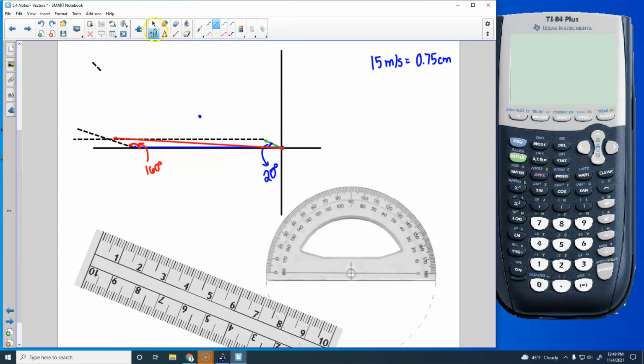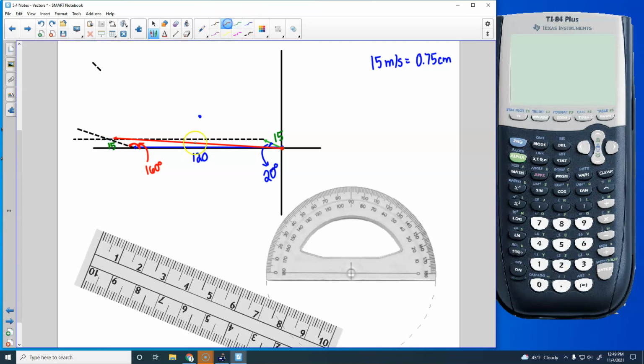So I need to label my sides here. This is 15. This is 120, which means that this side over here would also be 15 there. It's drawing crazy stuff now.